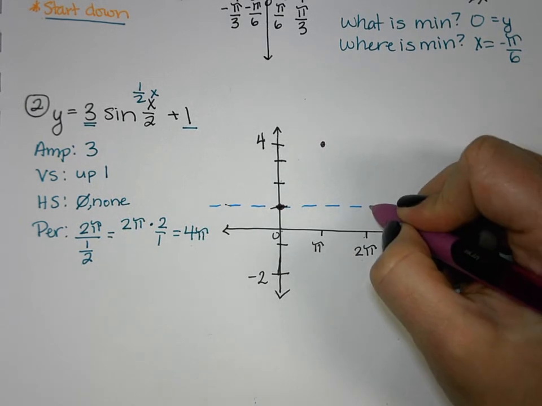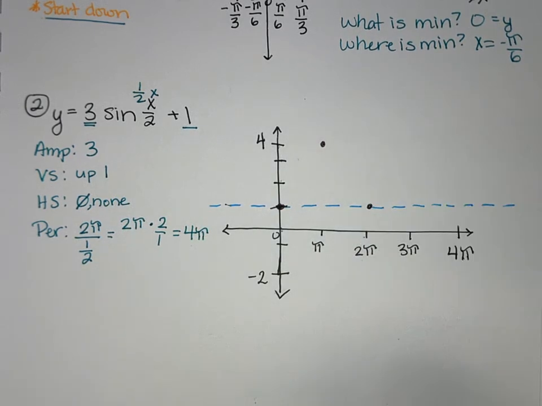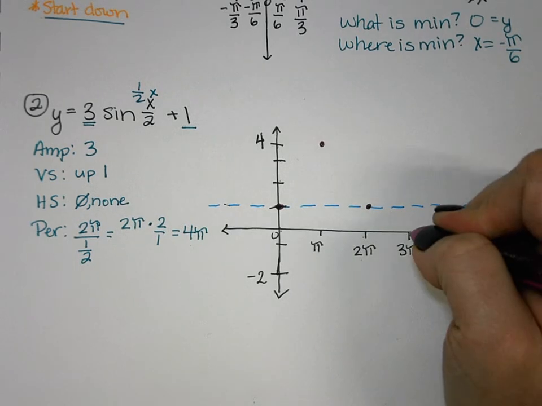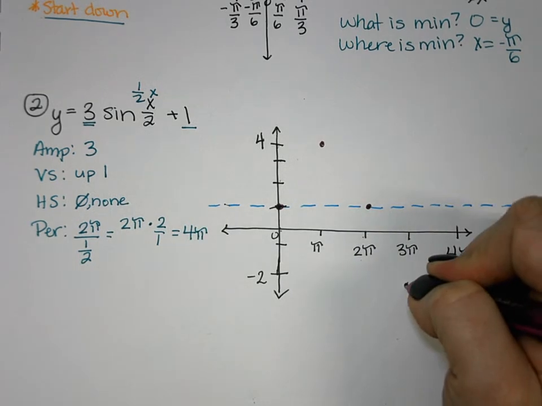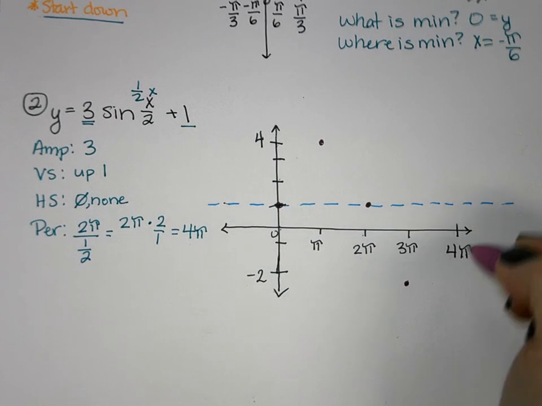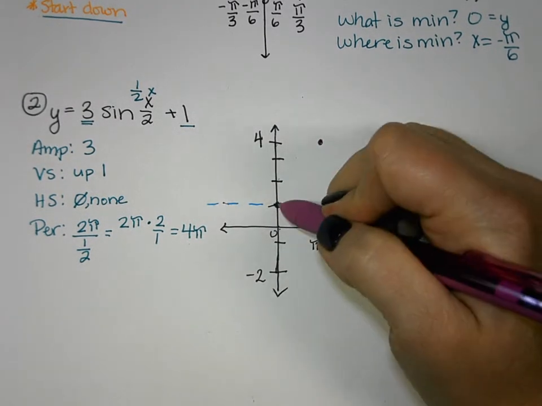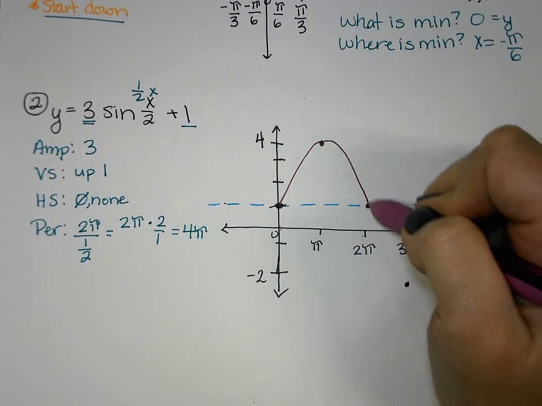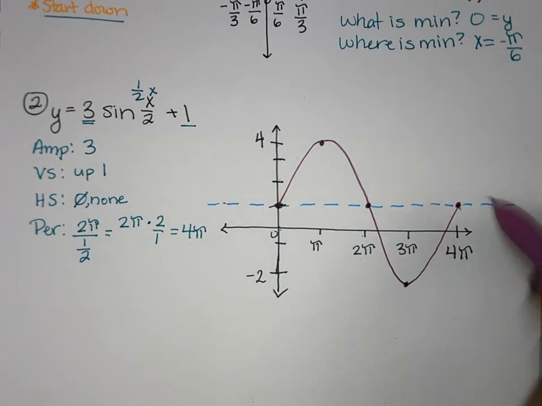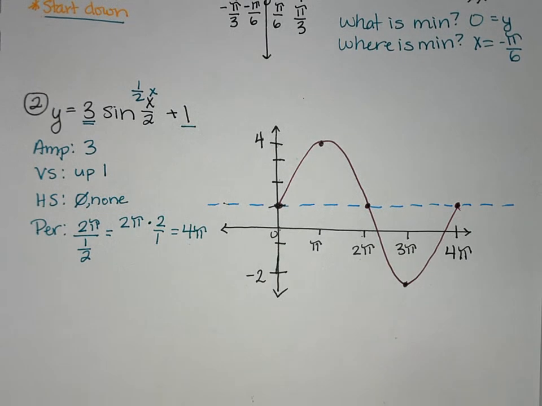At 2 pi in the middle I'm going to be back at my horizontal. Then at 3 pi I'll be at my lowest point, down 3. And then at 4 pi, I'll be back at my horizontal. Connect the dots, and you have your transformed sine graph. So this one was stretched, so that way it went over a longer period of time.